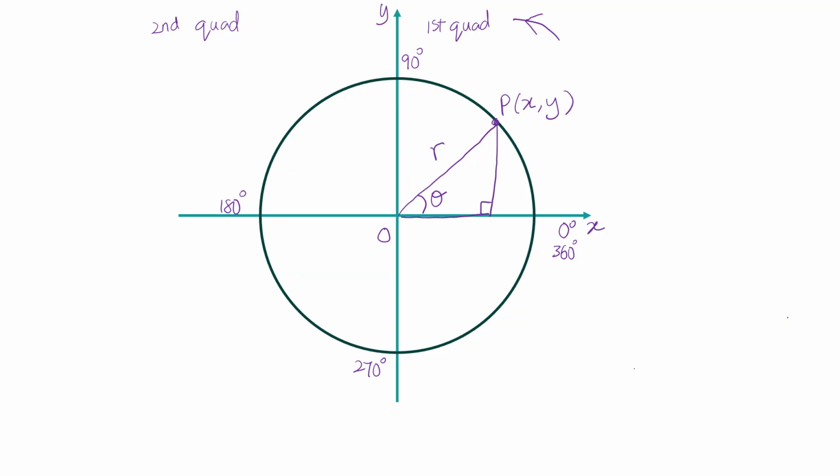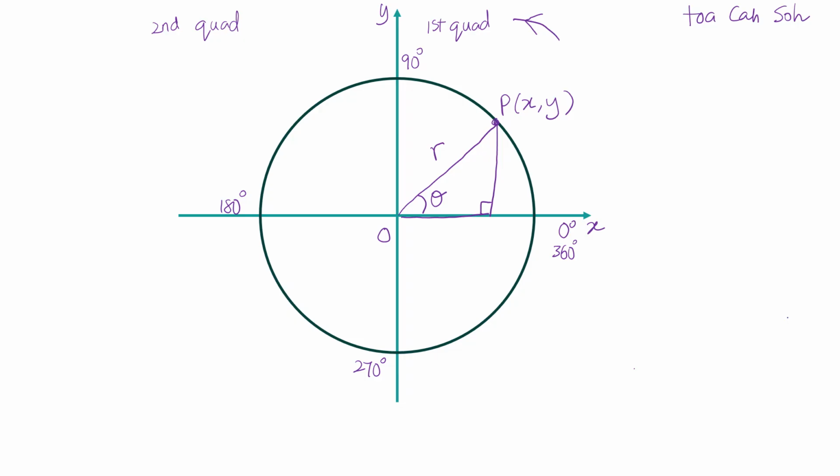Forming a right angle triangle allows us to use Pythagoras theorem and SOH CAH TOA. SOH CAH TOA, if you were to recall, helps us to find the ratio for sine of an acute angle, the ratio for cosine of the acute angle, and the ratio for tangent when the angle is acute.